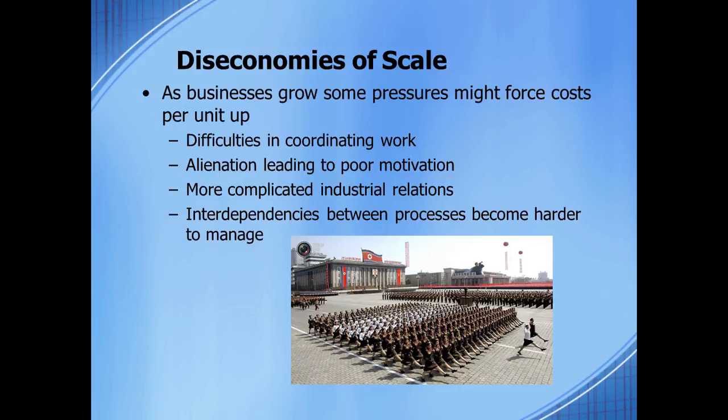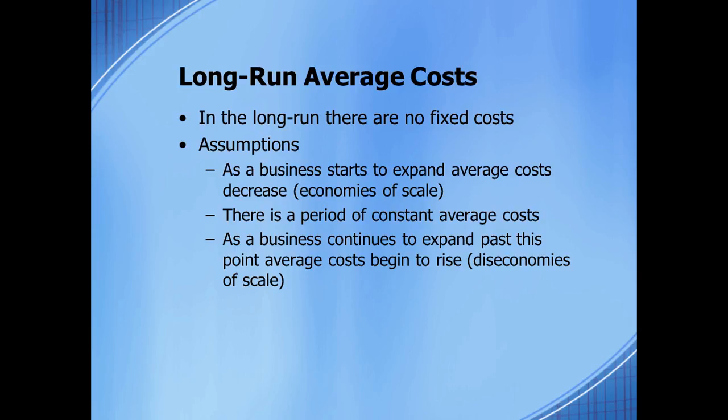So there are economies of scale, but there are larger costs with these, and we do see these costs start to rise. If we're to consider the long run, the average costs, in the long run there's no fixed costs. So the assumptions are that a business starts to expand, the average costs decrease with economies of scale.